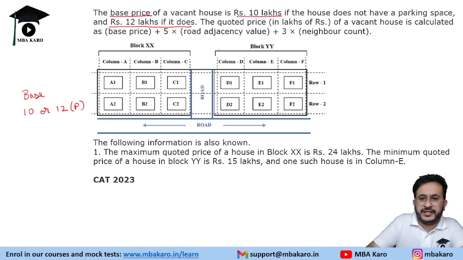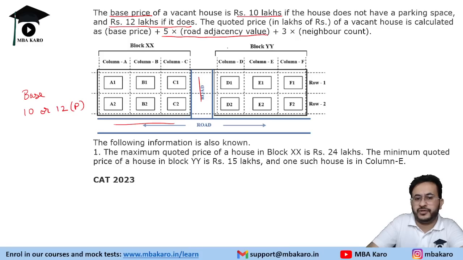On top of that, there is a vacant house, and there is 5 into road adjacency value. So if there is a road next to the house, that will be 5 into the number of roads. Suppose the house is here and there are two roads, it will additionally be 10 lakhs. Similarly, if the house is here and there is only one road, it will be 5 lakh extra.